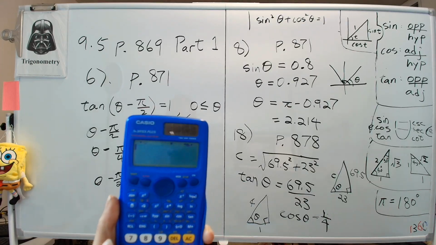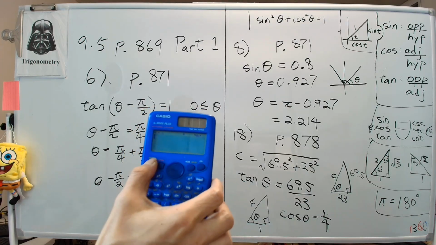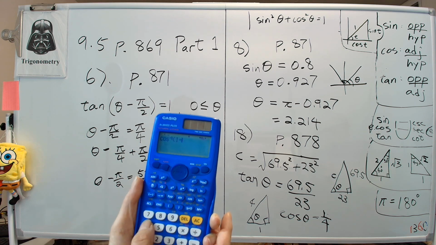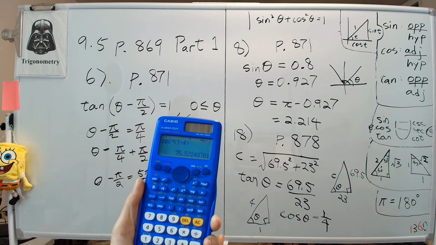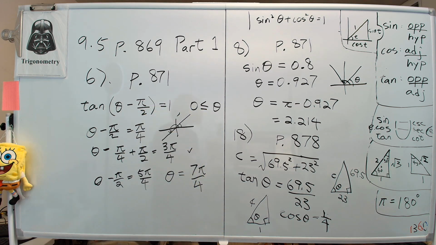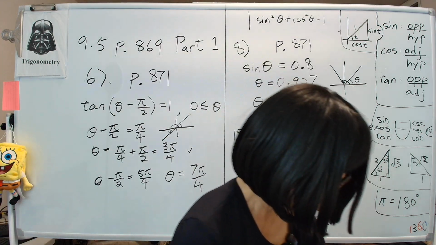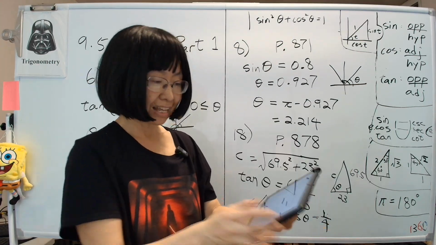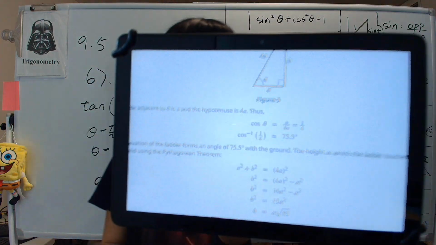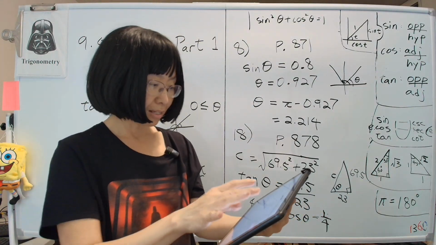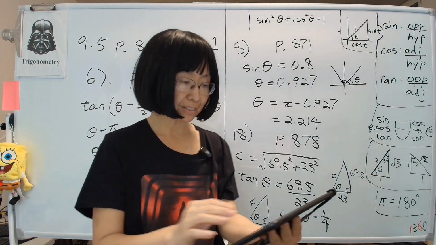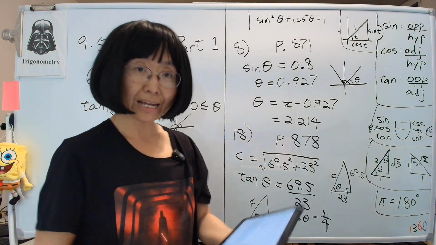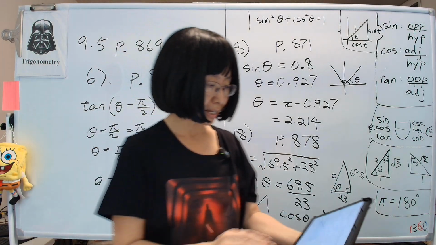My calculator is in degree mode, so let's do shift cosine of 1 over 4. That equals 75 degrees. That is exactly correct. And that's that. We have now come to the end of this section, and I will assign homework in the next video.